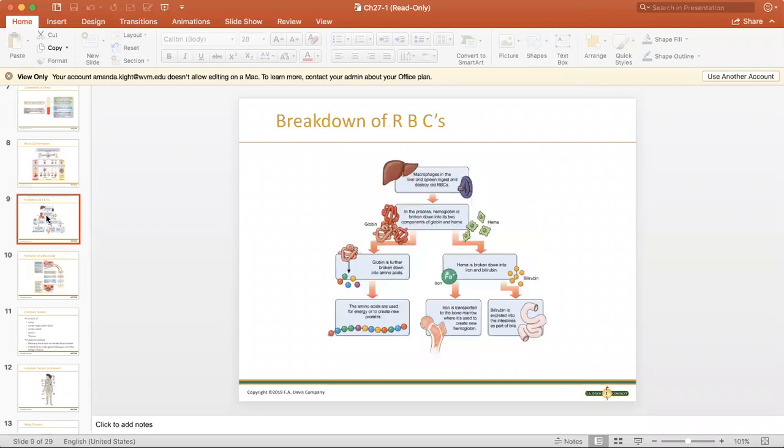Okay, so we move from here to this part, the breakdown of the red blood cell. Hopefully the example helped a little bit, but red blood cells don't live forever. I believe it's 90 days, about 3 months. And then they go and they recycle.